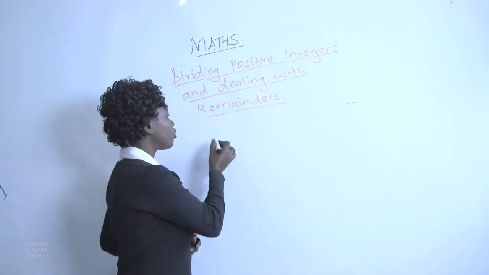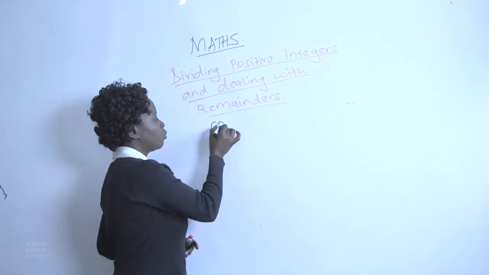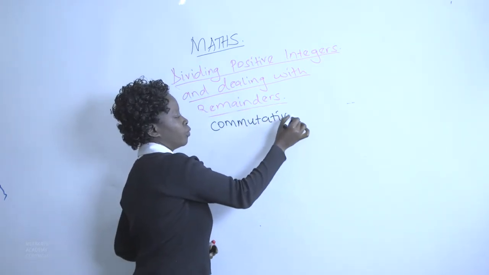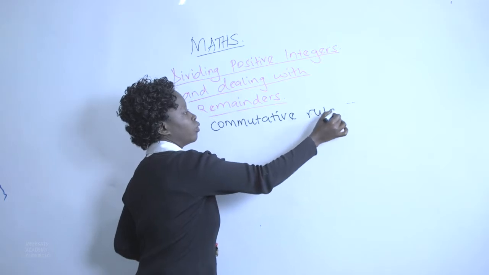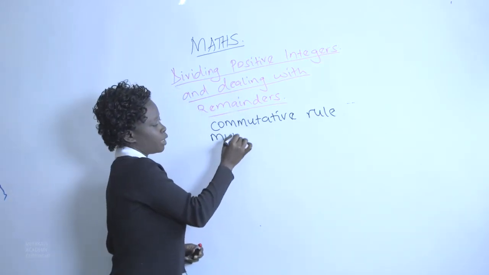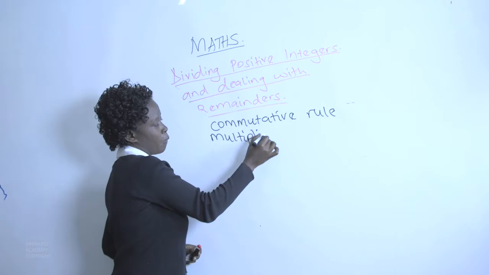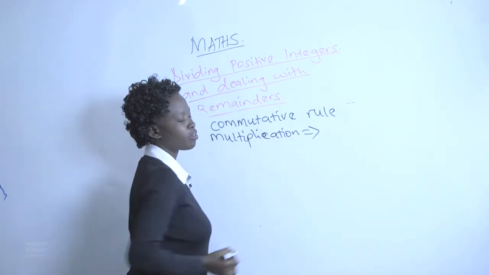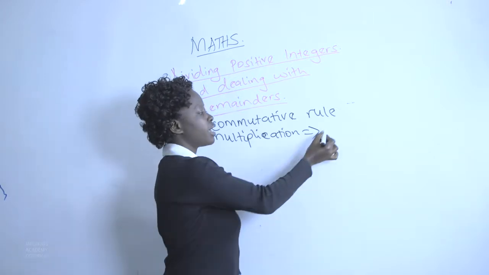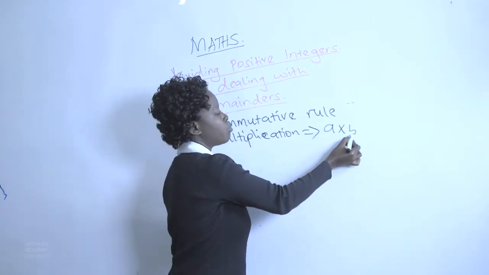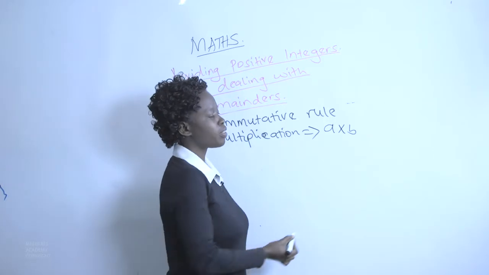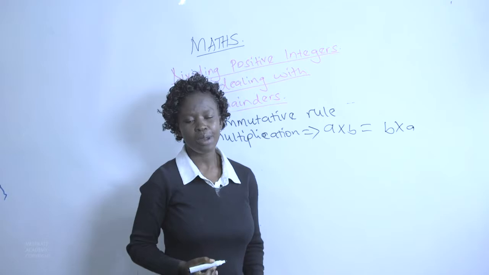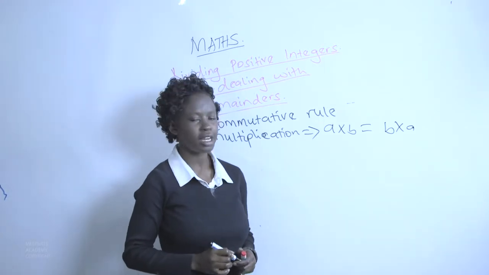With the commutative rule in multiplication, this is what we said: if I have a figure A multiplied by B, it is simply the same as B times A. The order of multiplication doesn't really matter.